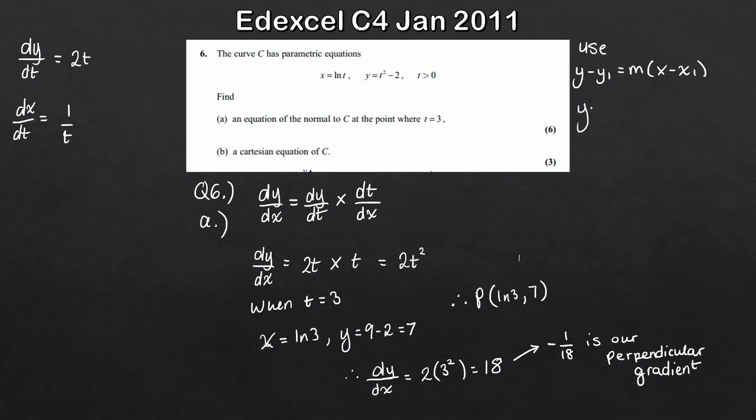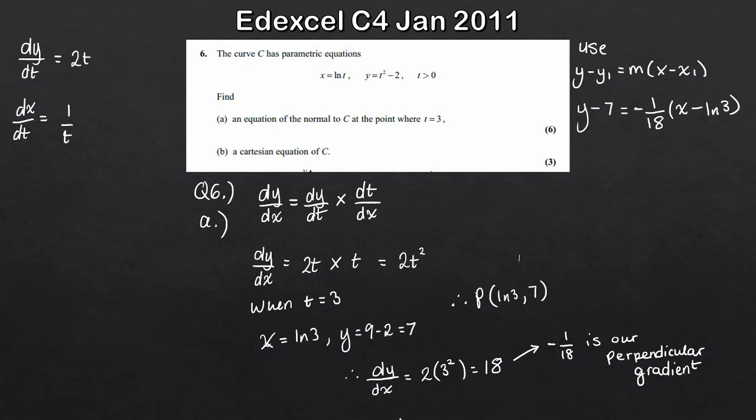So this is going to be y minus 7 is equal to minus 1 over 18 for m, times x minus x1, where x1 is ln 3. And then at this point here, question done. You can expand if you want, but given that it doesn't ask for anything in a specific form, I'm happy to just leave it there. We get full marks for that.